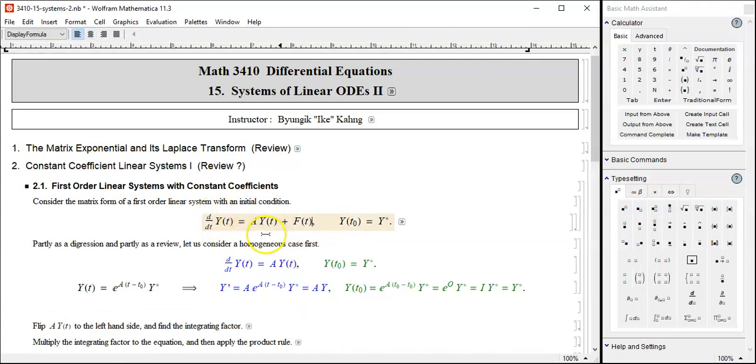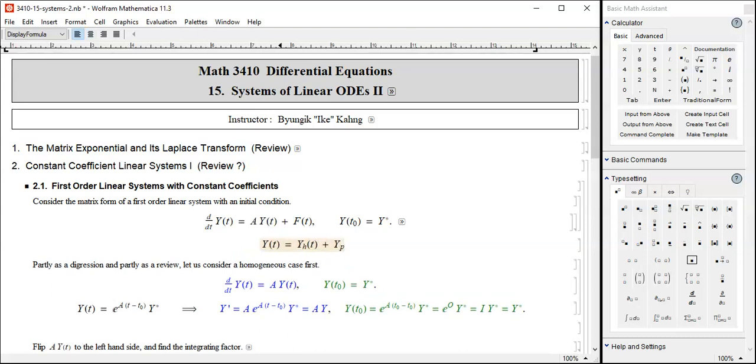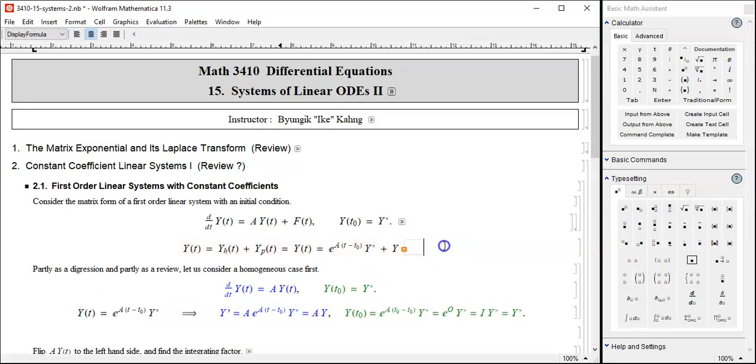Here we want the solution of the homogeneous equation, and we're going to get this kind of structure. And this one we actually found out here. So this one here is this, and then plus yp.